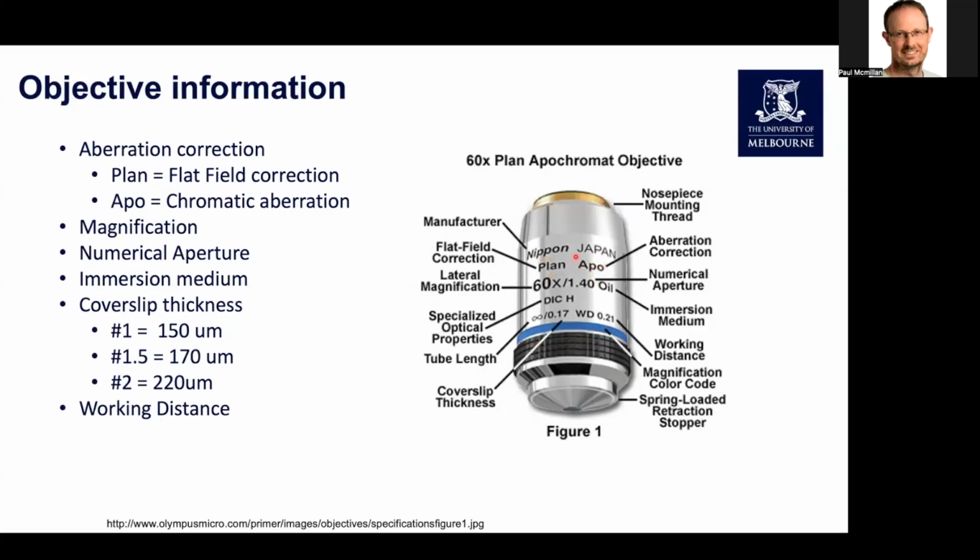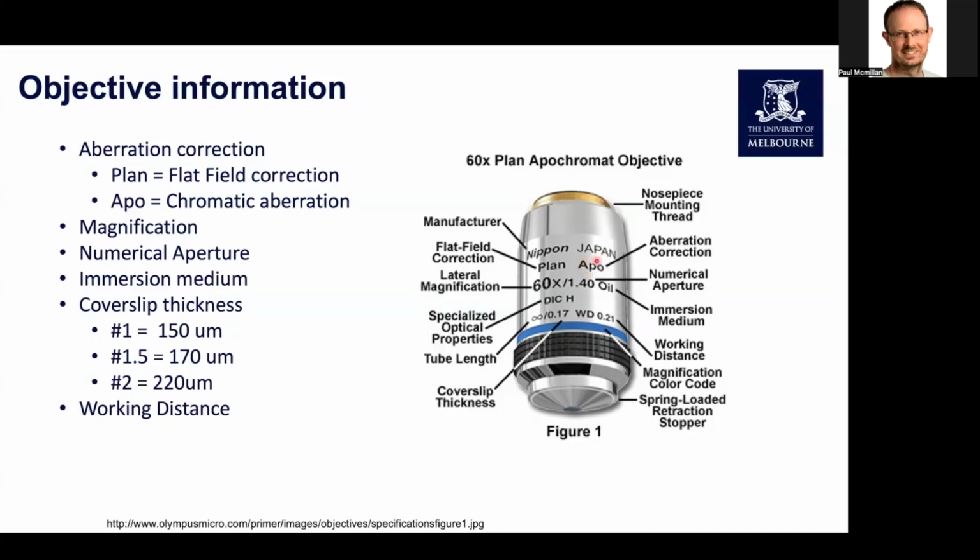For the APO correction, this is what we call a chromatic aberration correction. This looks at how well focused are each of the wavelengths across the wavelengths. How well focused are they on that particular objective? So for example, a poorly corrected lens here, you might have a focus offset between each of your individual channels, which you would need to adjust for.